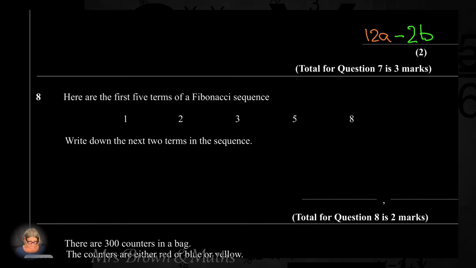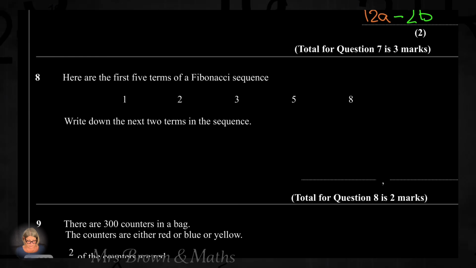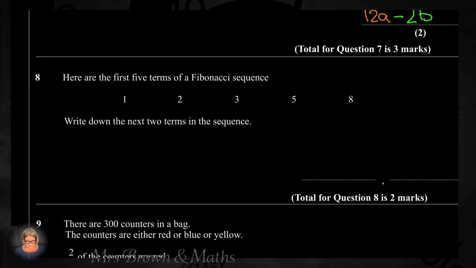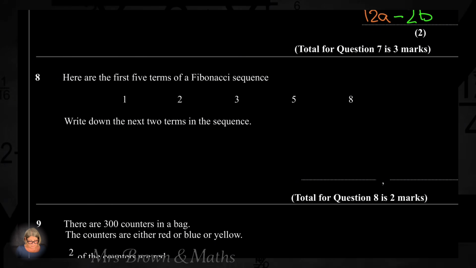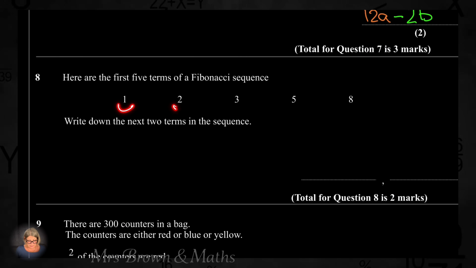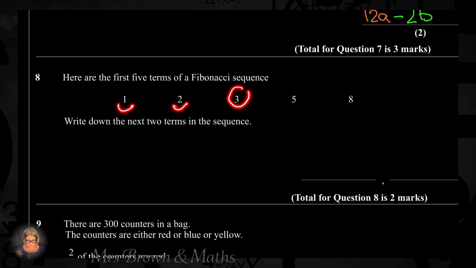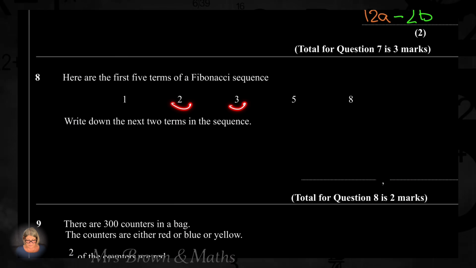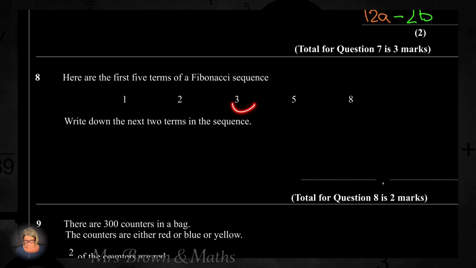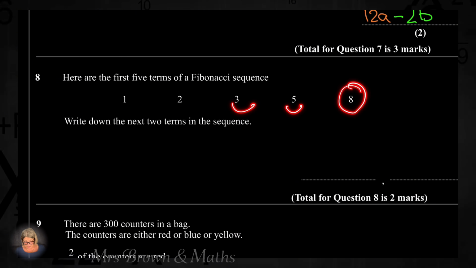Question 8. Here are the first 5 terms of a Fibonacci sequence. So a Fibonacci sequence is 2 previous numbers add together, get the following one. So 2 plus 3 will be 5, 3 plus 5 will be 8, and so on.